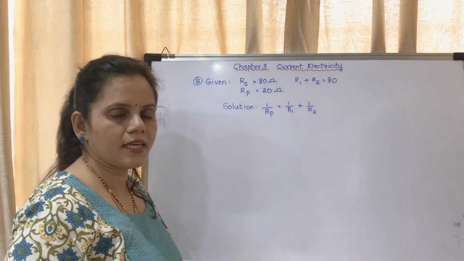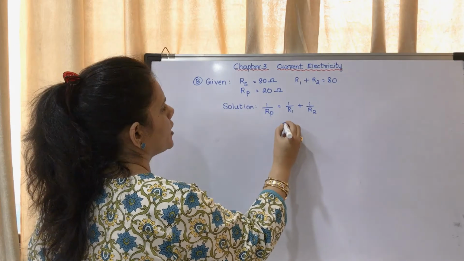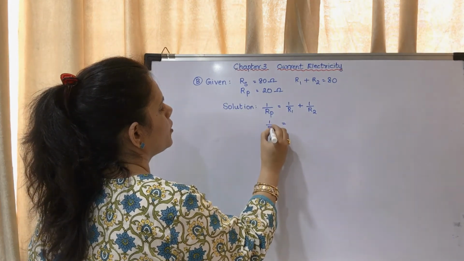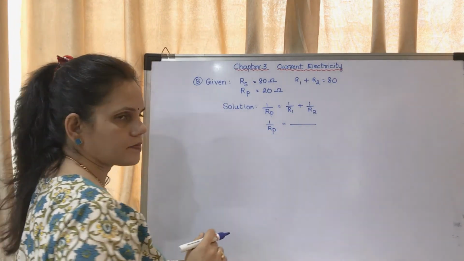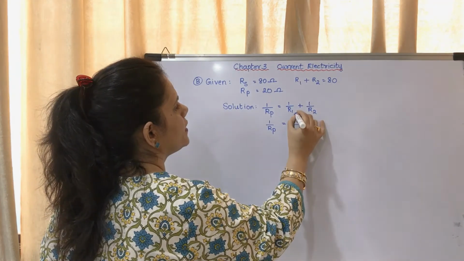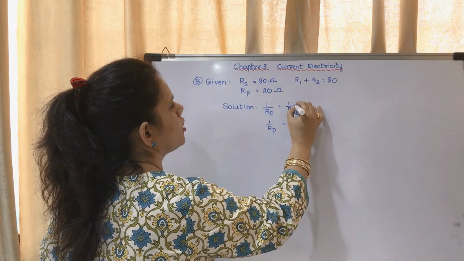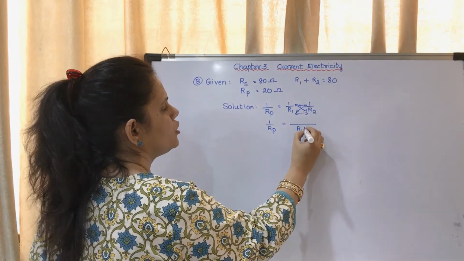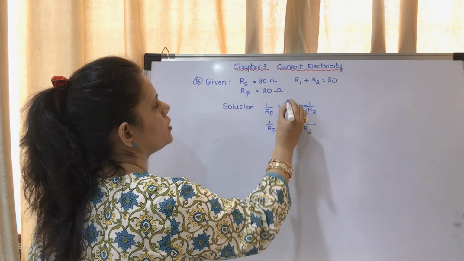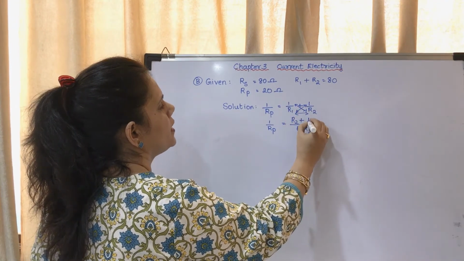That is same as 1 upon Rp is equal to, what will be the LCM? Here we are doing it with cross multiplication. Do you remember this cross multiplication method? So this will be R1 into R2. R2 into 1 will be R2 and R1 into 1 will be R1.